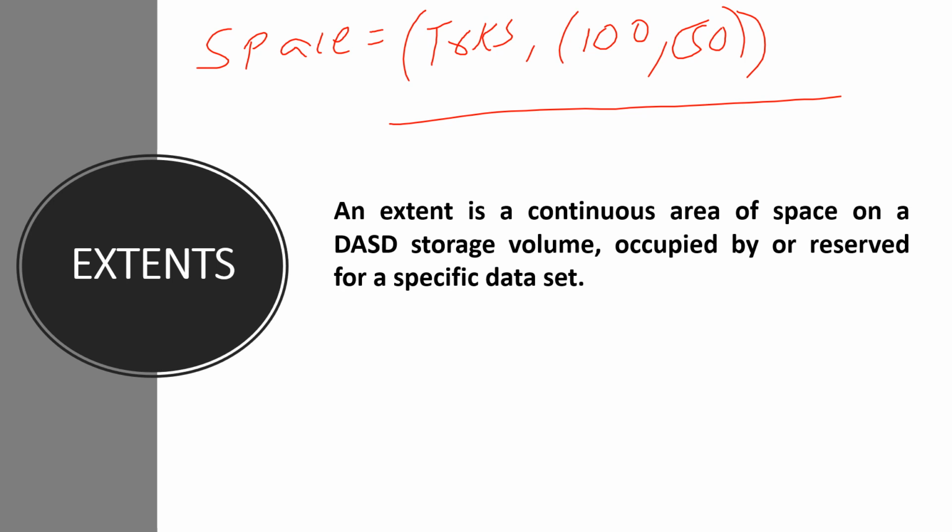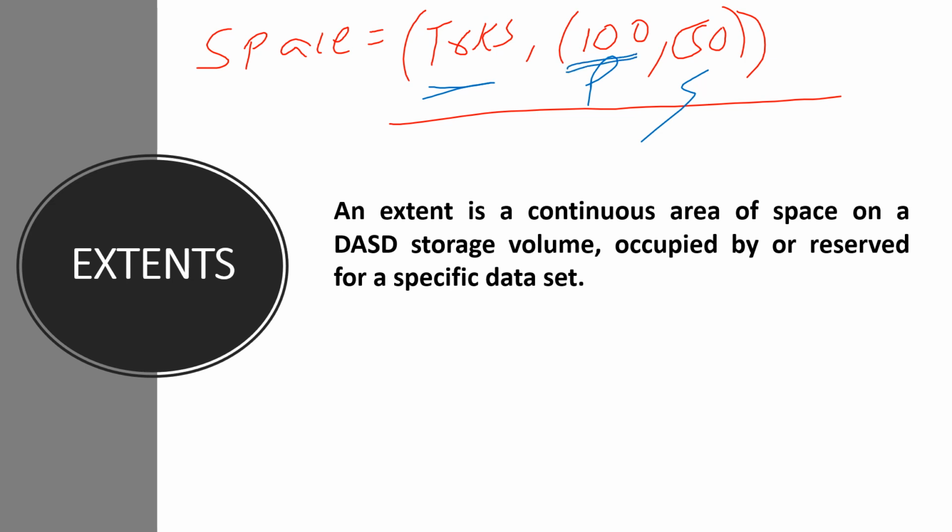When we create a data set, as I told you, this is primary and this is secondary. So what happens when you create a data set? How does space get allocated? How do you say it can move up to these many extents? How does this extent thing work? It's a basic thing. Suppose our space unit is tracks, and you have given primary as 100 tracks.